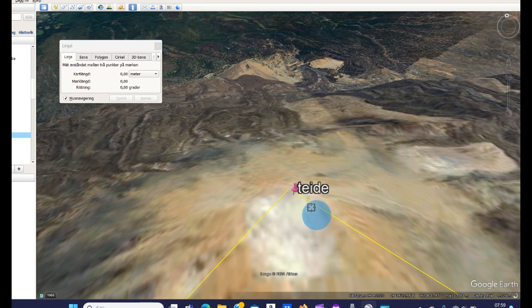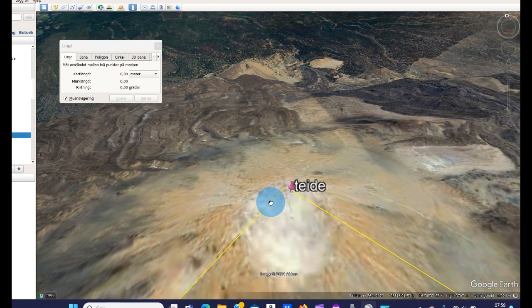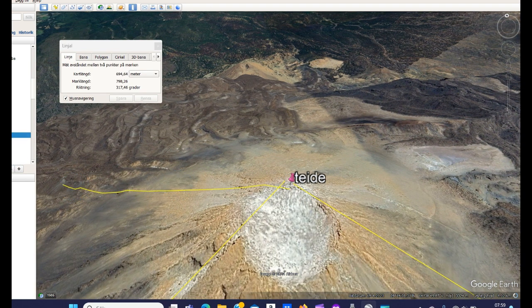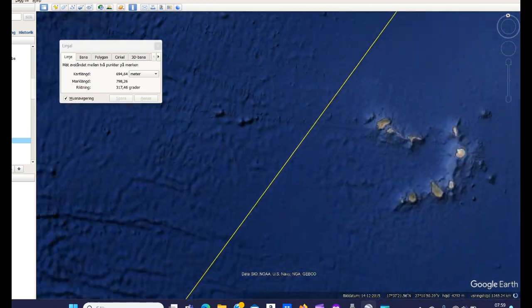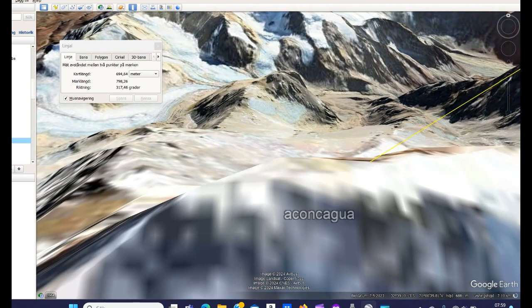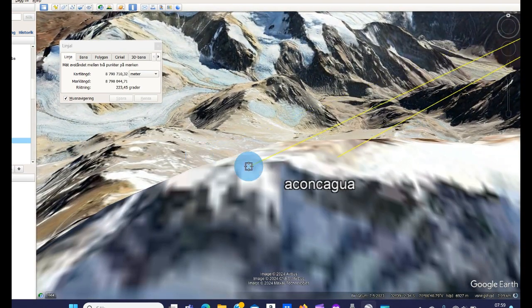Here we are at the peak of Mount Teide, and I'll attach the line right there, to Aconcagua. And here we have the peak of Mount Aconcagua.